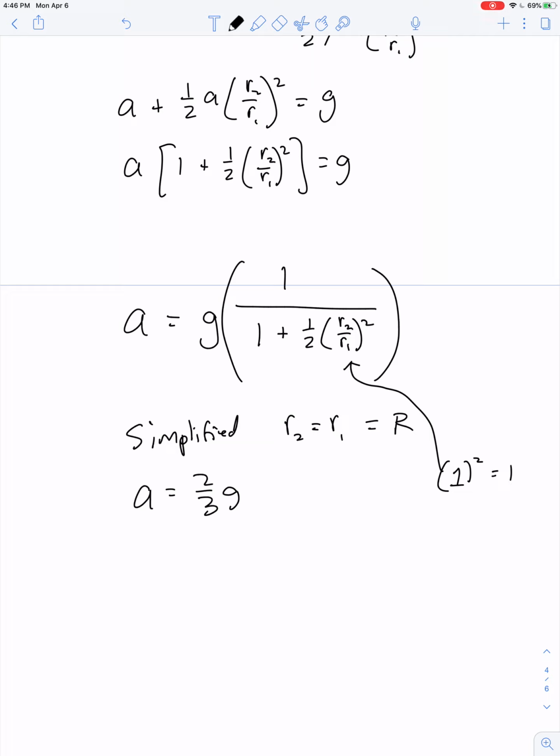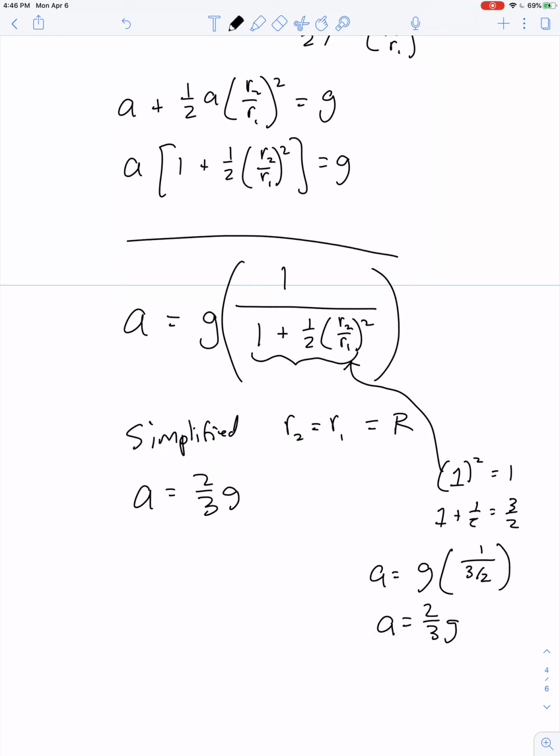And so then we've got 1 plus 1/2, which would give us 3/2. So we would have A equals G times 1 over 3/2, which is the same thing as A equals 2/3 G. It looks like that's a reasonable solution.